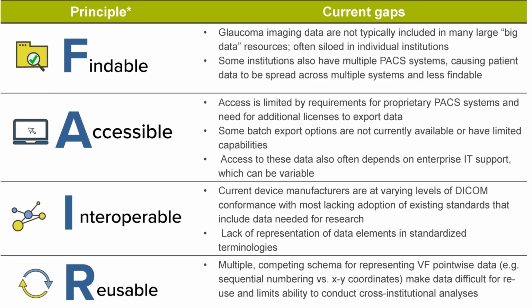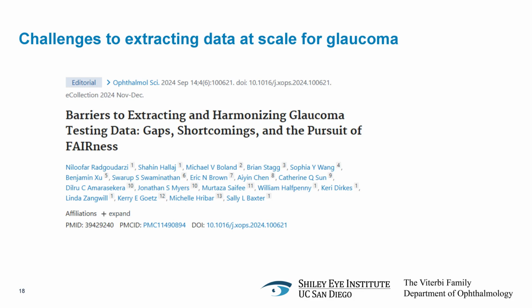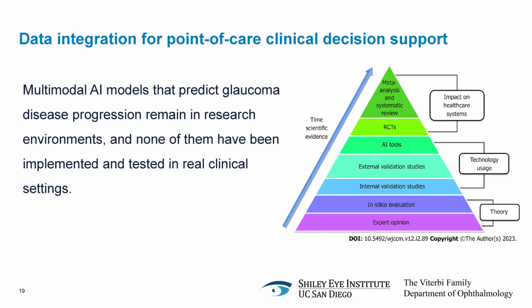They're not that accessible. You have to have special licenses and proprietary data types that are not easily interoperable. And then, reusability. There are even different schemes when you're doing secondary data analysis of how you even represent visual field point-wise data. So a lot of challenges here. We did summarize this in a paper in Ophthalmology Science late last year.